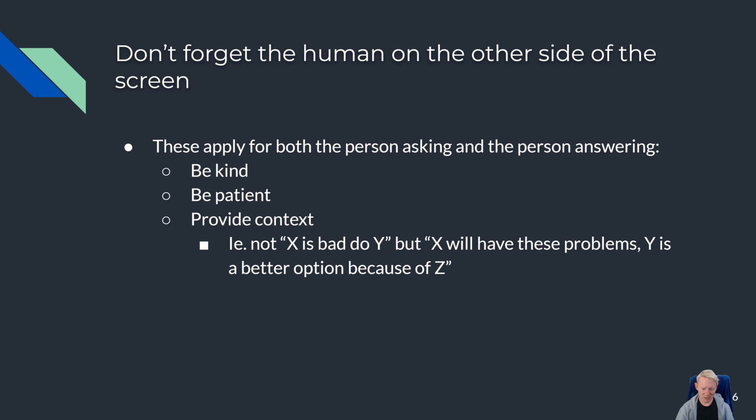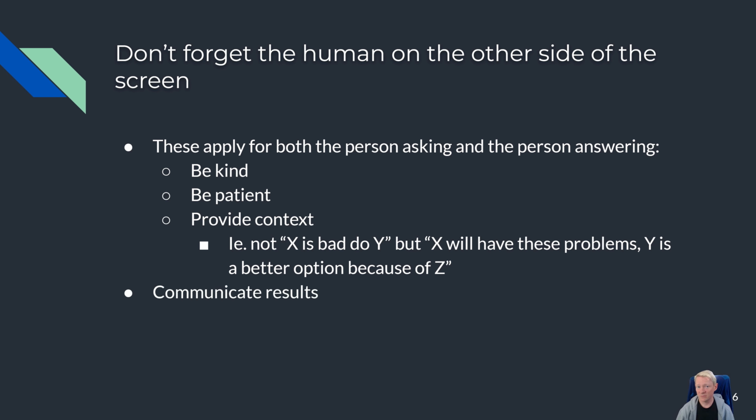It helps that person learn because you're not just giving them the answer, you're explaining the answer and the situation, and that is going to mean they learn a lot more from it. We want them to be able to learn more because that allows people to get better at this, to find solutions themselves, and potentially in time, if they want to, also help other people, which is great.